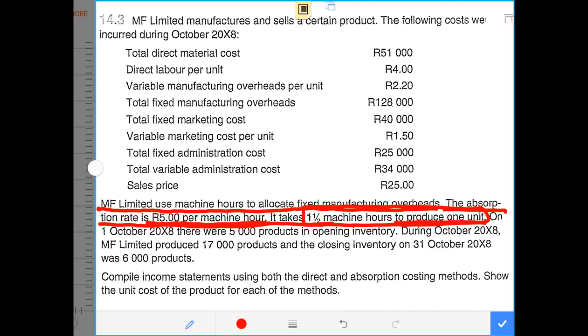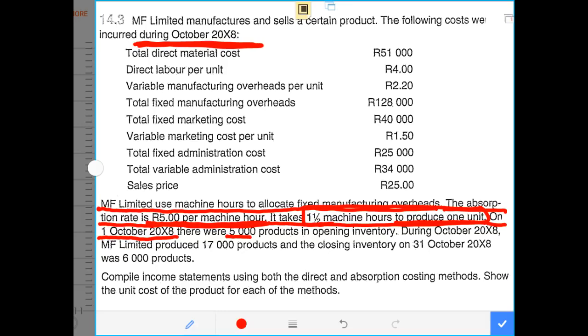Then it further says in the next sentence that on the 1st of October in the year 2008, remember the information given was for the month of October in the year 2008, there were 5,000 products in the opening inventory.